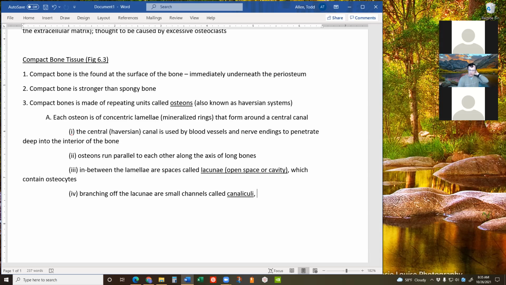Branching off the lacuna are small channels called canaliculi, which allow extensions from the osteocytes to touch other osteocytes.